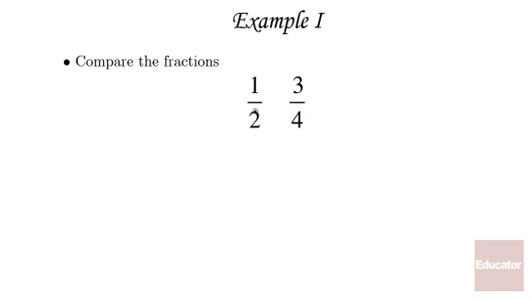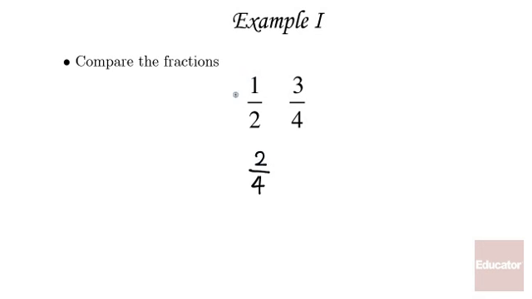So if I change the 2 to a 4, to get from 2 to 4, I multiplied by 2. I can do the same thing for the top number. So if I take the top number and multiply it by 2, then I get 2.